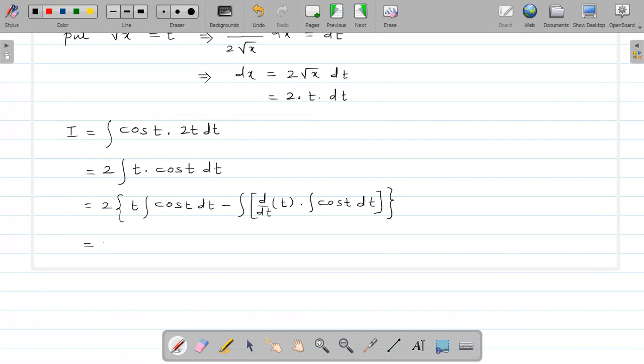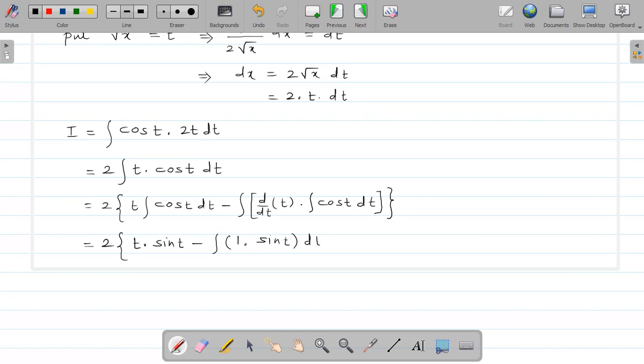So that is equal to 2 into curly bracket. Now integration of cos t is sin t, so I will write t into sin t minus integration, now in bracket derivative of t is 1 into integration of cos t is sin t.